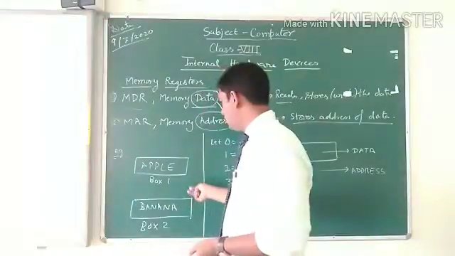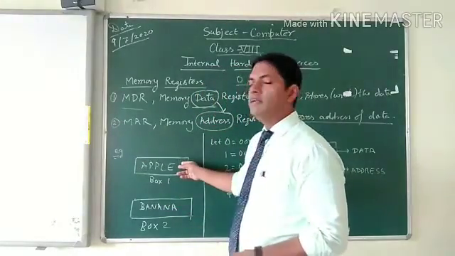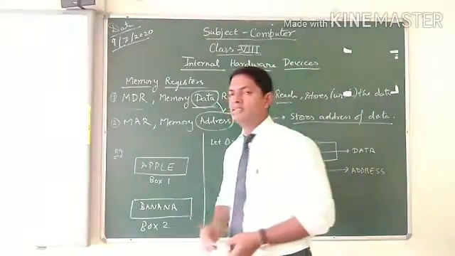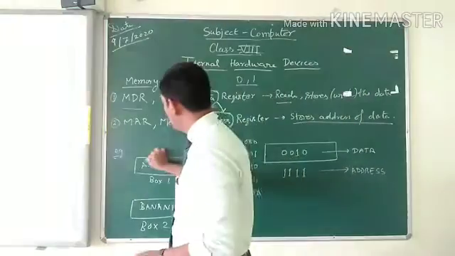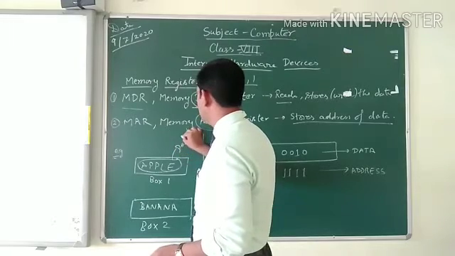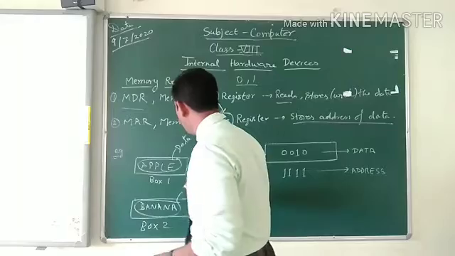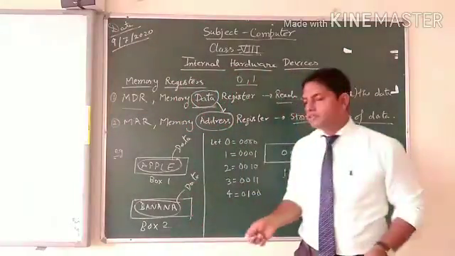Simple example, we can say that if in one box some apples are kept and in the other box bananas are kept. Now apple is said to be data. Similarly, banana is also data which is required by us.